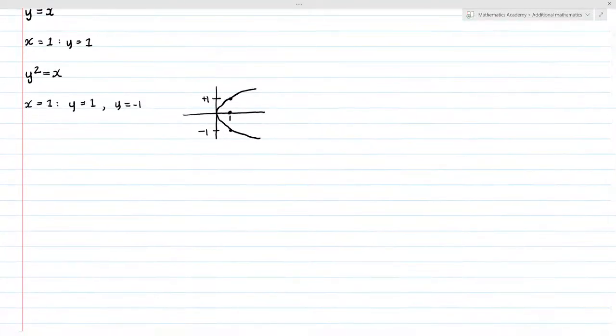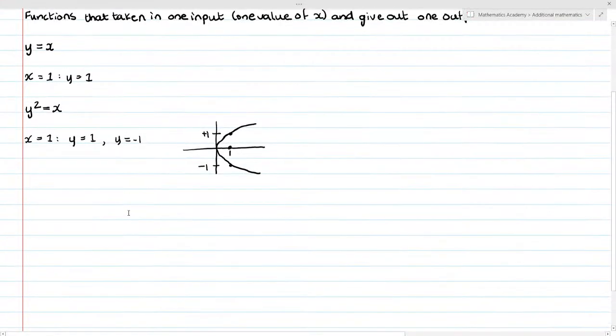And so one way to test if a function is one-to-one or not is to use something called the vertical line test. So you draw vertical lines throughout the function, like a vertical line like this. And if any vertical line passes through the curve twice, that means for one x value, there are two values of y.